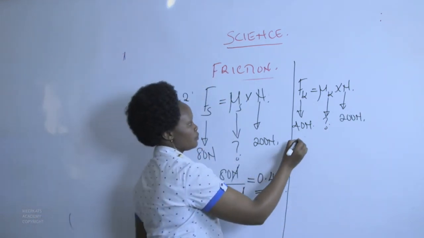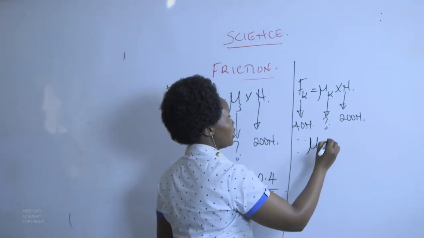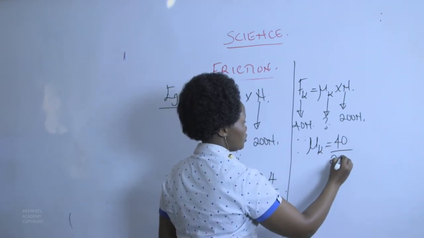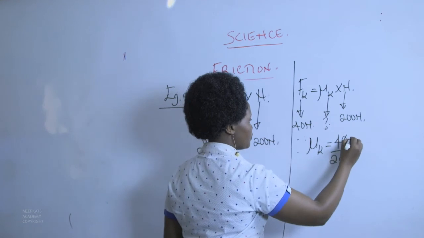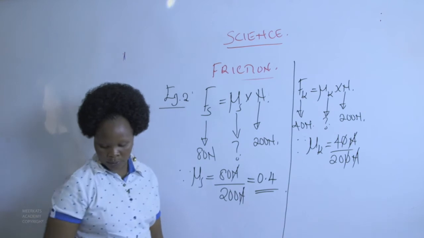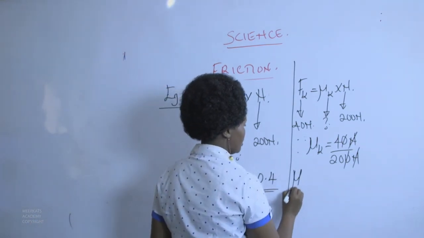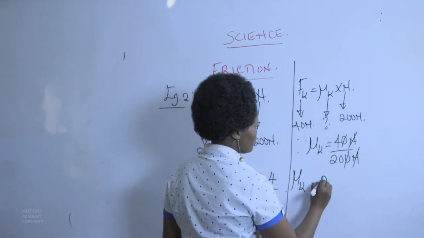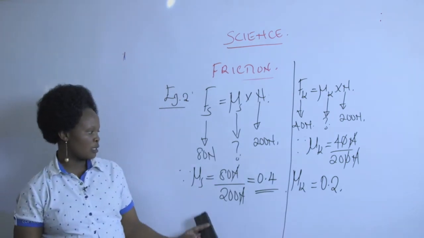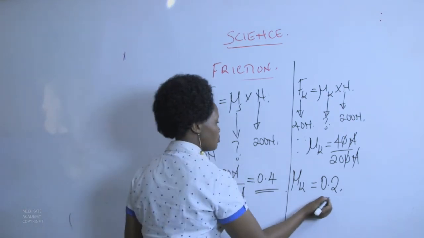Therefore, the coefficient will be given by 40 over 200 newtons, and the units will again cancel, and you will get 0.2.